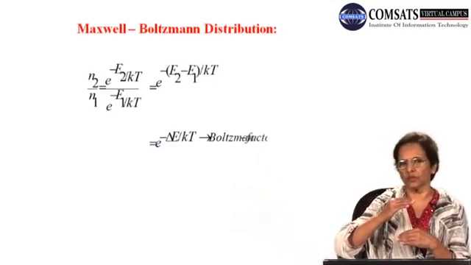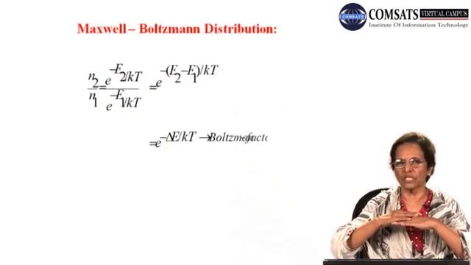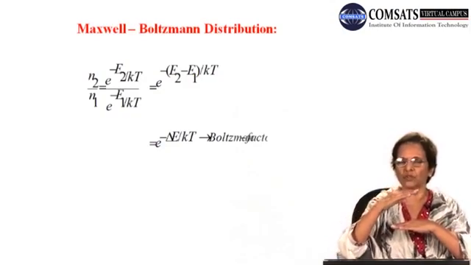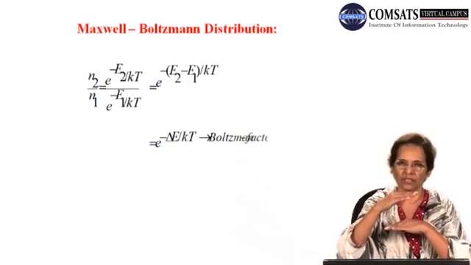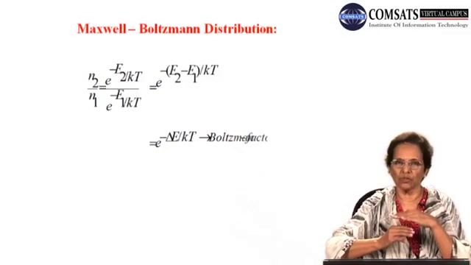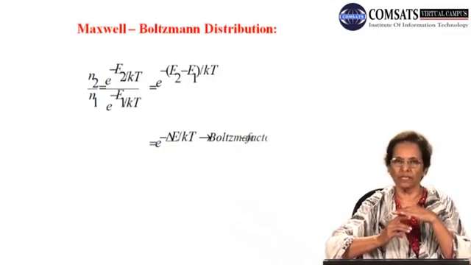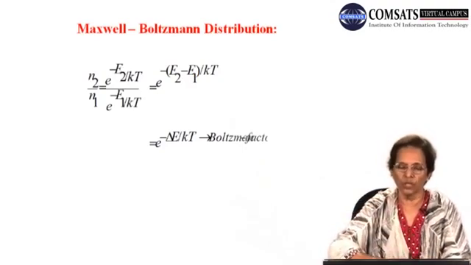If an electron tries to gain energy, if initially the electron was in some energy state E1 and it tries to go to a higher energy level designated as E2, then the number of electrons in state E1 is called N1 and the number of electrons in state E2 is N2.